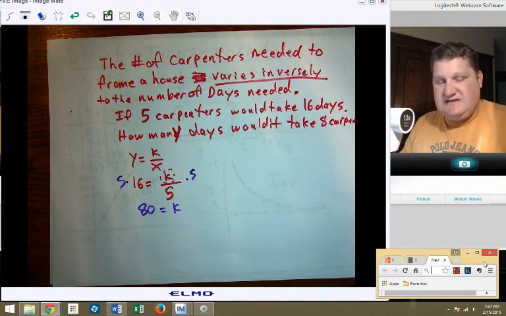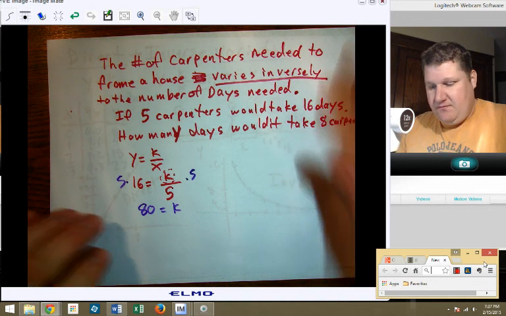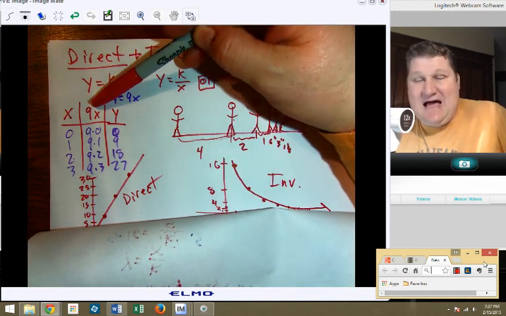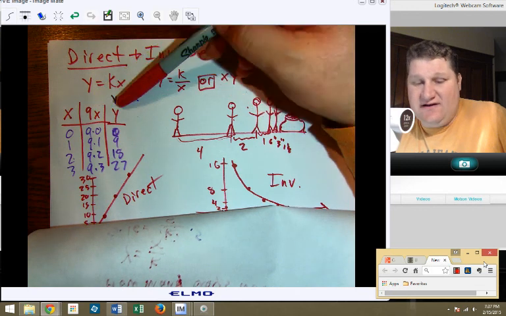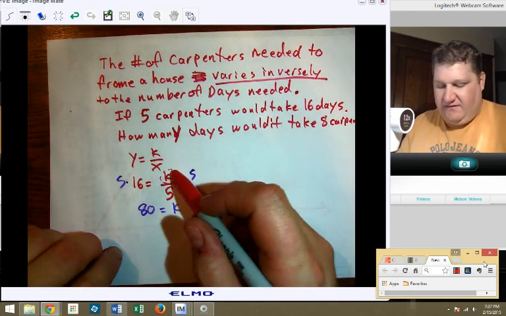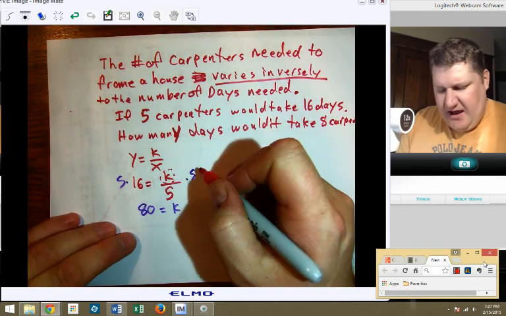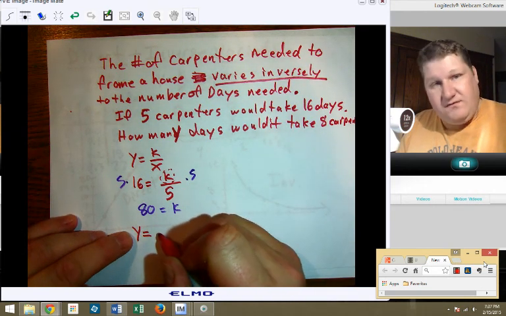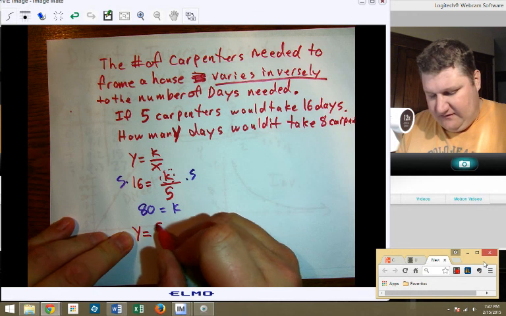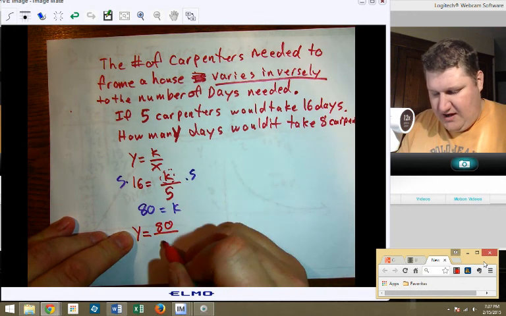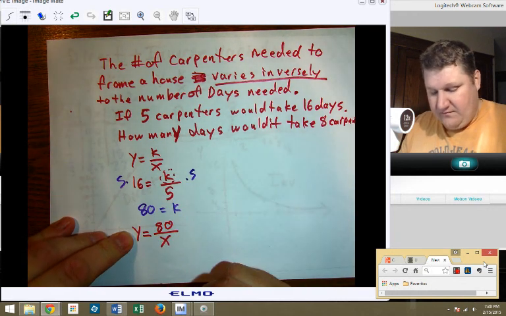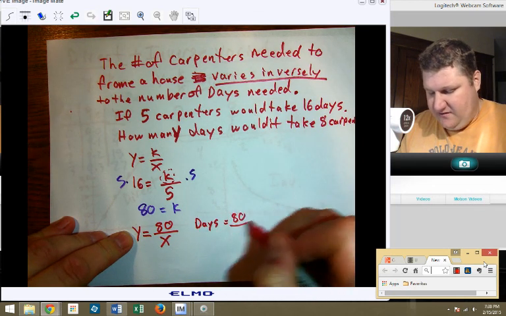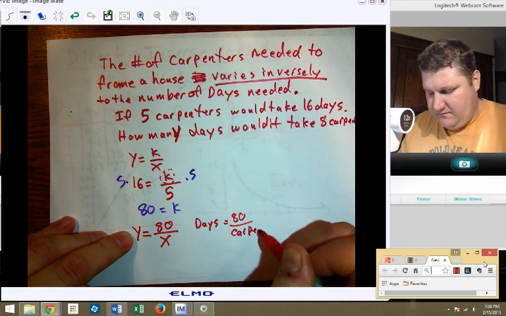Just like in the direct example, when we did direct variation, our constant was 9. You got $9 every hour. In this case, our constant is 80, and it's a little harder to connect what that means. But it always means that however many days it takes is 80 divided by the number of carpenters. So days equals 80 divided by carpenters.